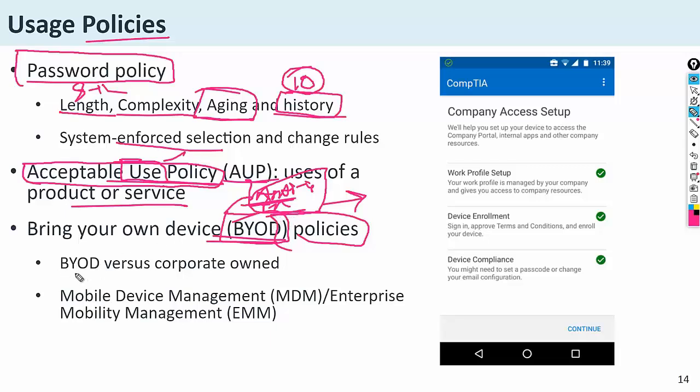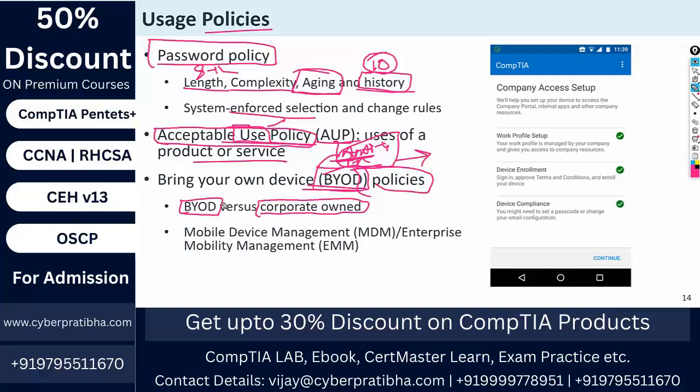Okay, so BYOD means you can come with your own device, and also there are corporate owned devices. So there are different policies for different devices. BYOD devices have one policy, and corporate owned devices have a different policy.